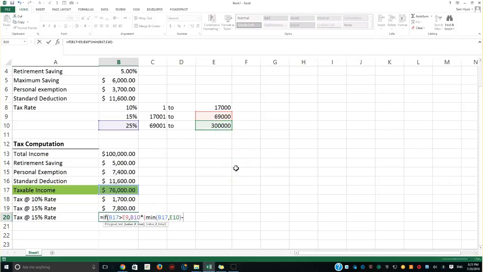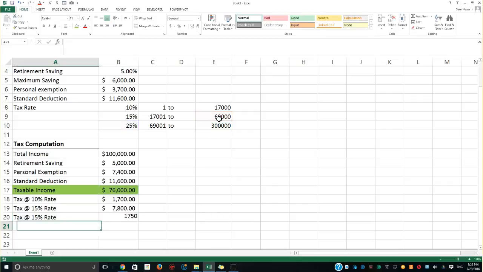Of course, we have to subtract, in this case, the 69,000, because we already taxed that amount. And I'm very aware that I have to put in parentheses, otherwise it's going to be 0. And notice it's a small amount, because there's really little money left to be taxed at that rate.